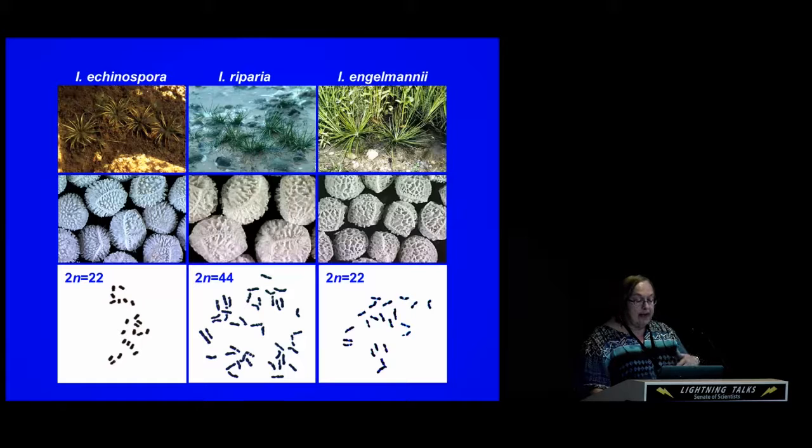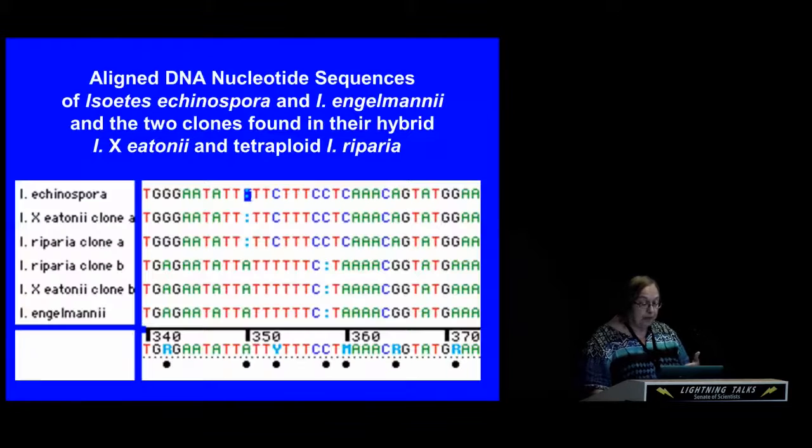You can see that the habitat is pretty similar in all of the species. The megaspores are larger in the tetraploid, and you see the high chromosome number.